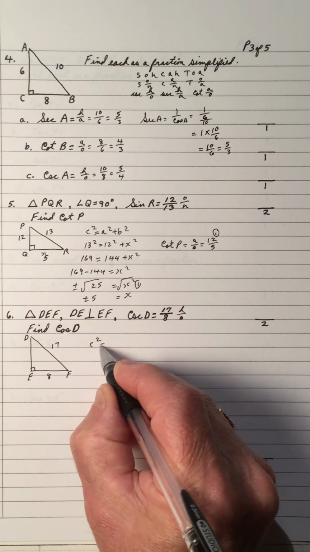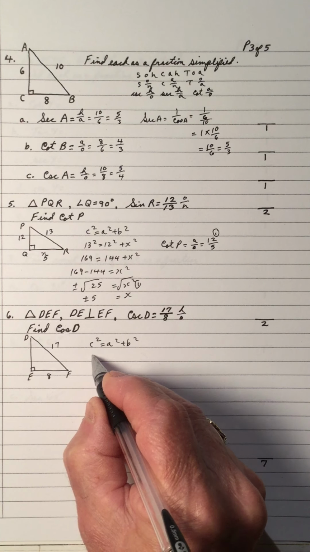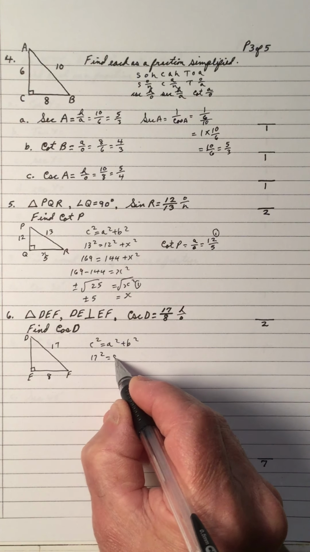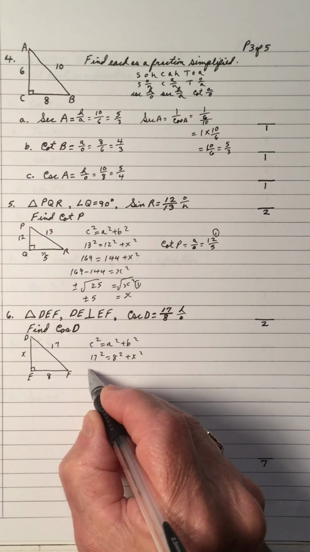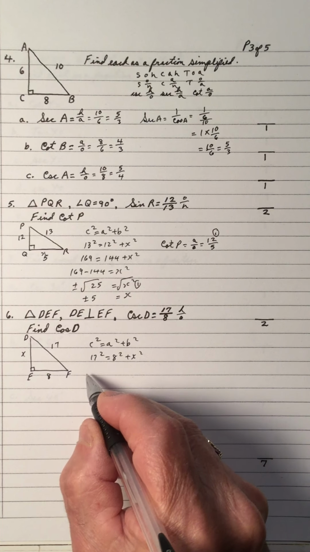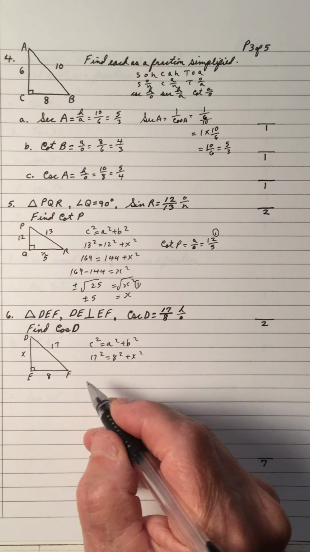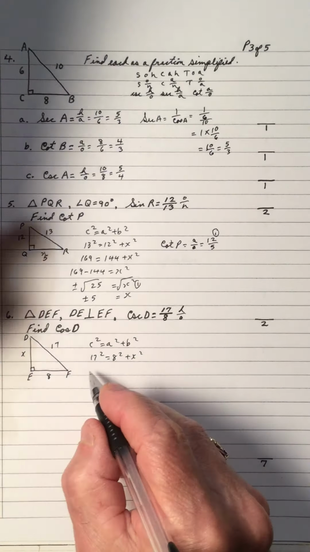Opposite is across from D. So we have to do C squared is A squared plus B squared again. So 17, A is 8. We can let B be the X. So 17 squared is, and do you memorize what 17 squared is? Well, I don't. So I'm going to take 17 squared, and I get 289.